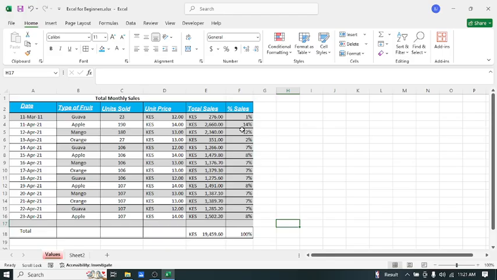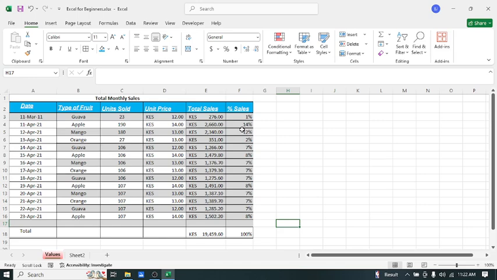So I hope you've understood the difference between relative reference and absolute reference. So in relative reference, if you put a formula on a cell, the formula will be moving based on the adjacent cells that the formula is referencing.